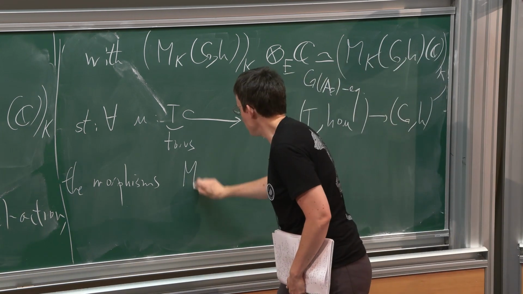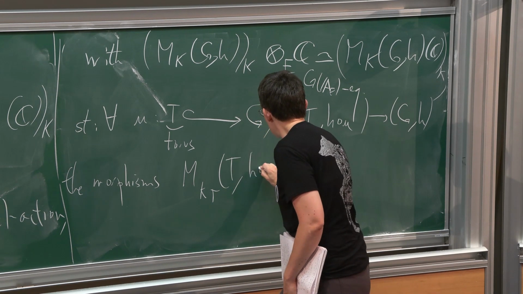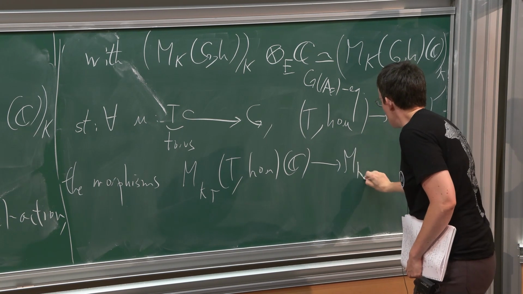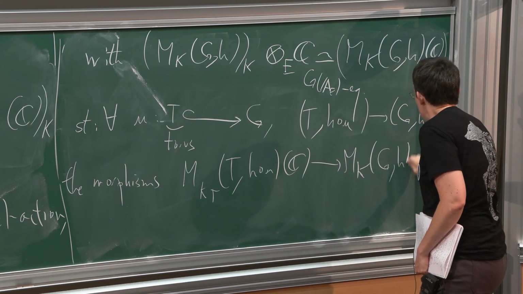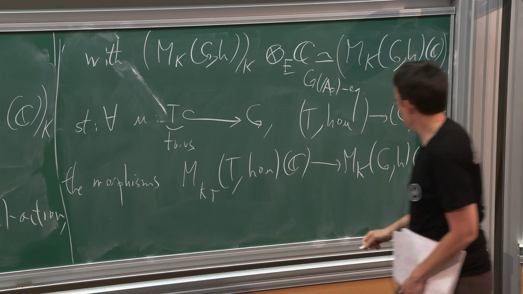So I'm going to get morphisms of Shimura varieties like this, if I choose the levels in a reasonable way.